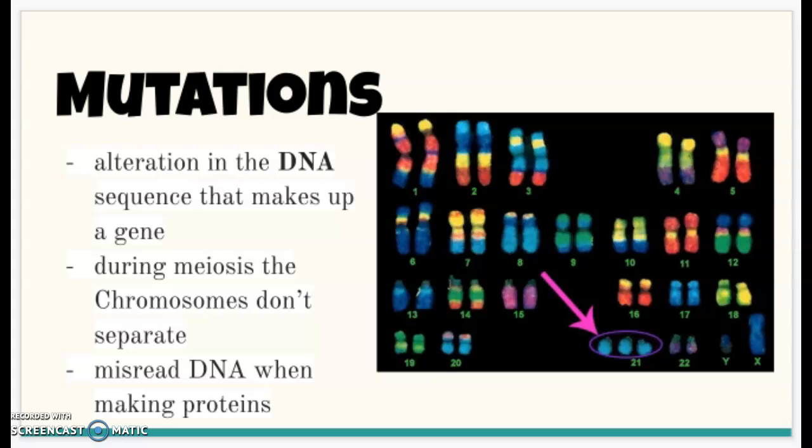A lot of times when cells are reproducing, mutations or an error will happen. Basically, when your cells are being reproduced, it's like your DNA is being read and then a copy is made. It's like somebody copying down a vocab word. Well, sometimes there can be an error in the reading.